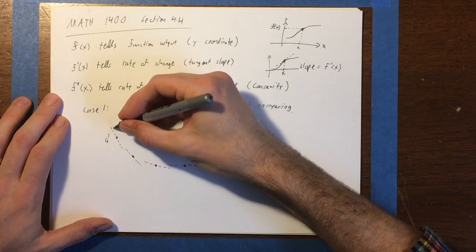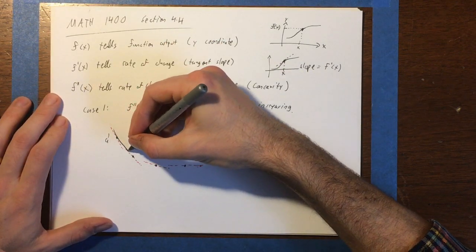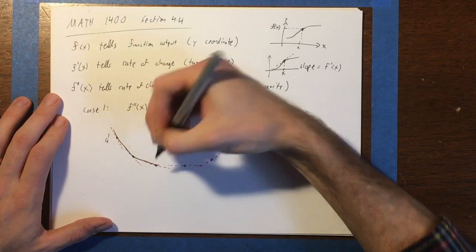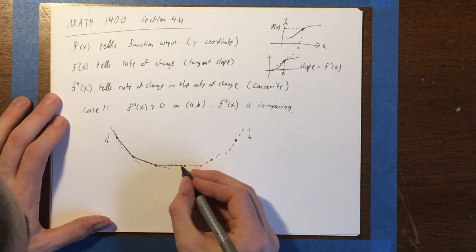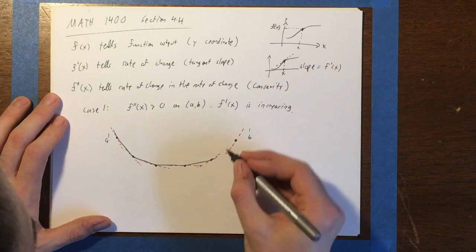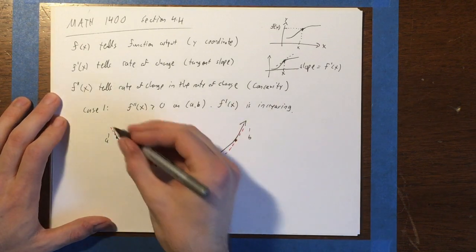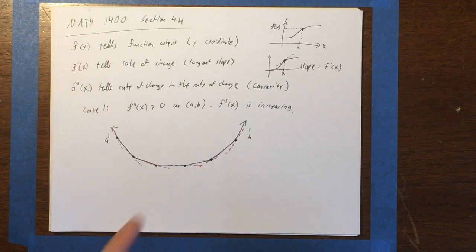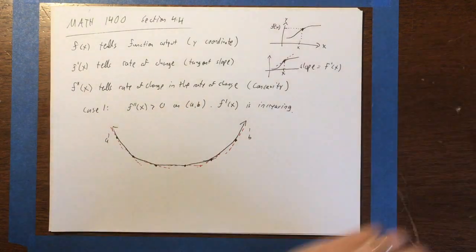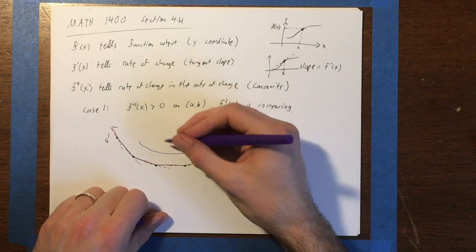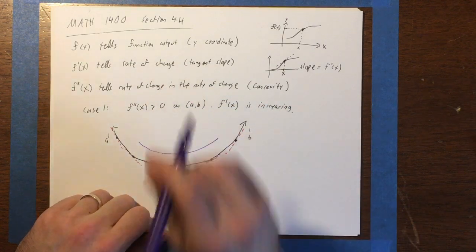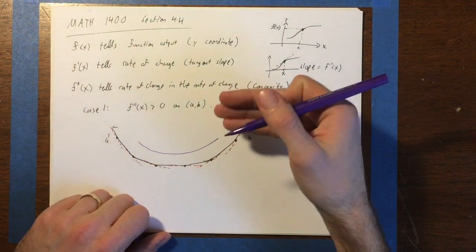So this might be a curve that looks something like this. I'm going to attempt to draw this so that the curve itself is meeting those tangent lines. There we go. Okay, that's pretty decent. Maybe it looks something like that. This is called upwards concavity. You can see the way it curves, the inside of the curve is the concave side.